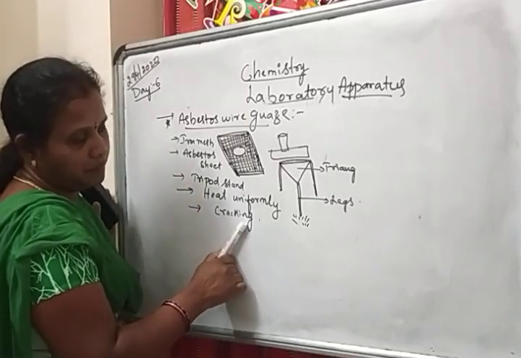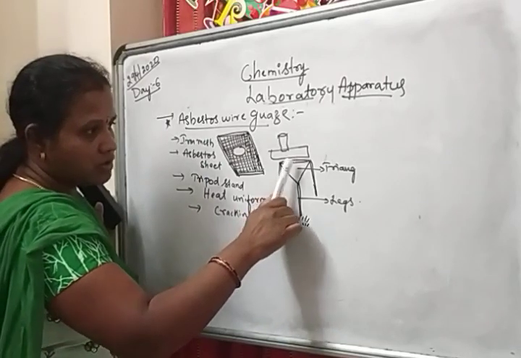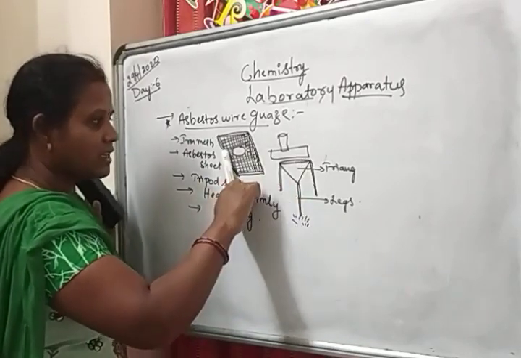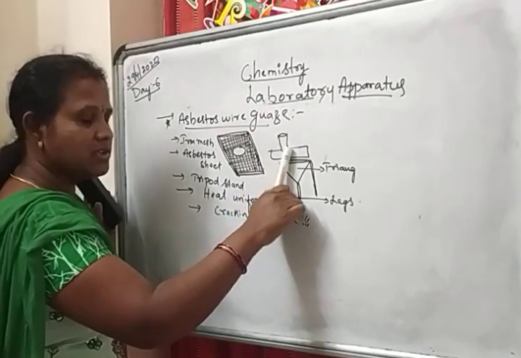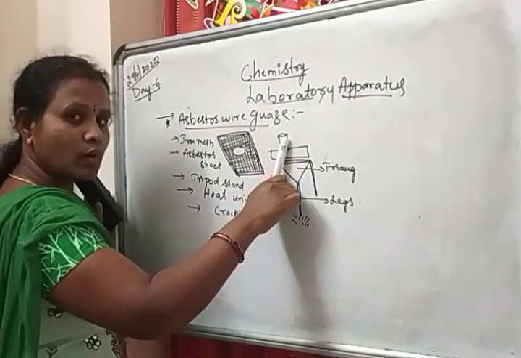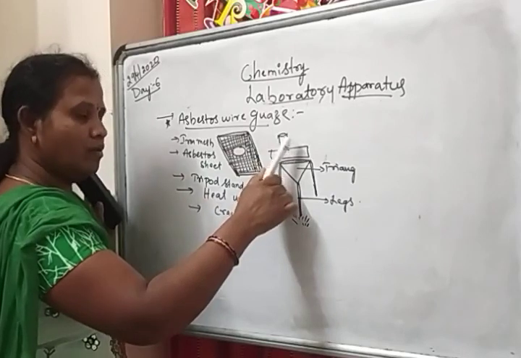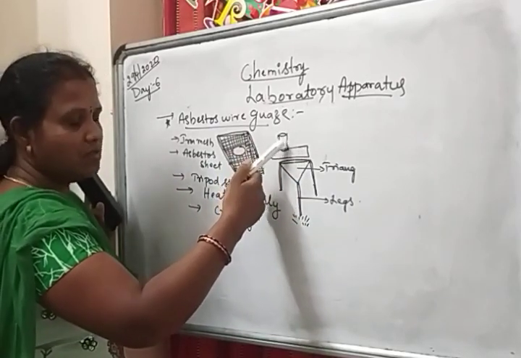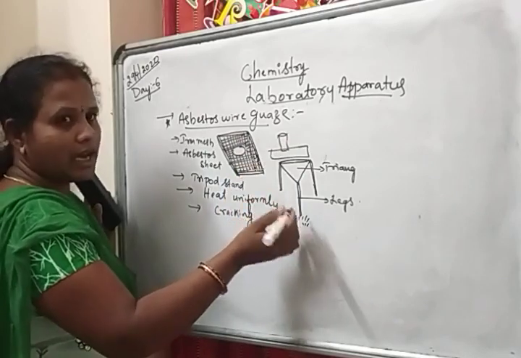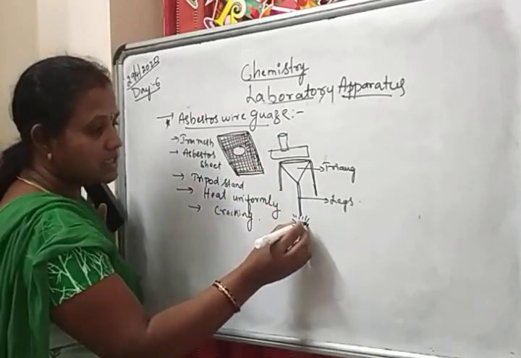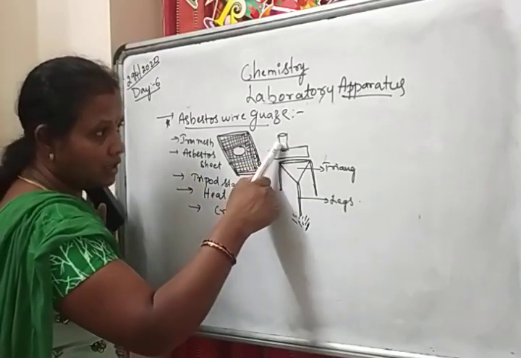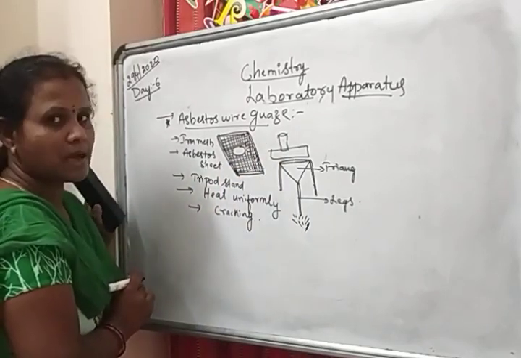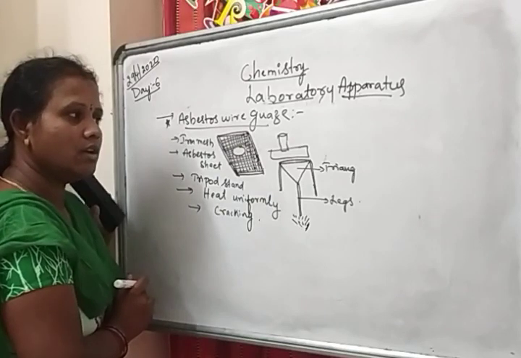So the tripod stand is taken like this, and over the tripod stand the asbestos wire gauze is placed, and on the asbestos wire gauze maybe the flat bottom flask or the test tube can be taken with the chemicals, and they are heated, and the heat is supplied uniformly to the test tube or the glass apparatus containing the chemicals.